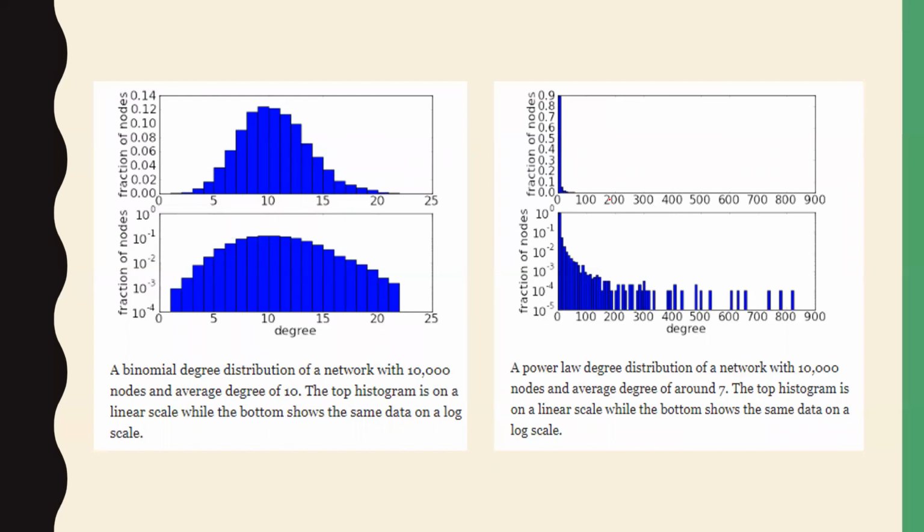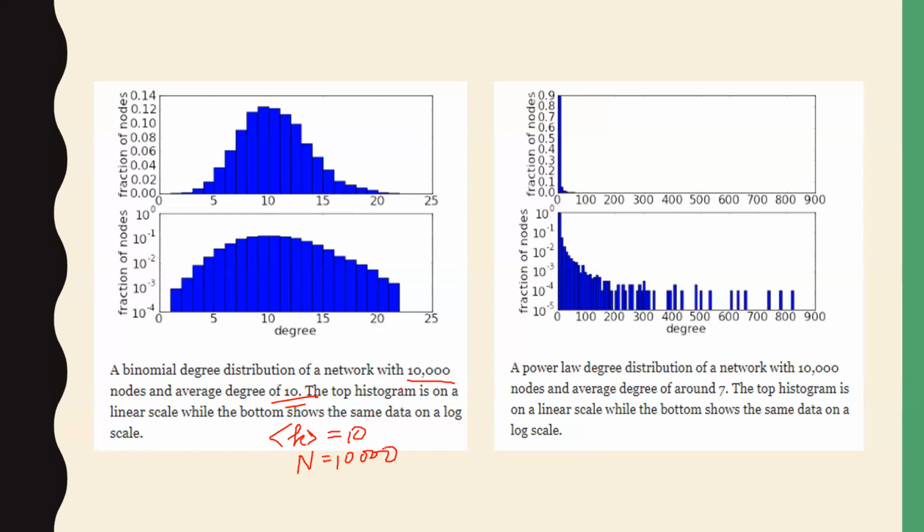The one on the left is an example of a graph with a binomial degree distribution. It shows a network with 10,000 nodes and an average degree of 10. So here the average degree, bracket k, is equal to 10, and the order n is equal to 10,000.